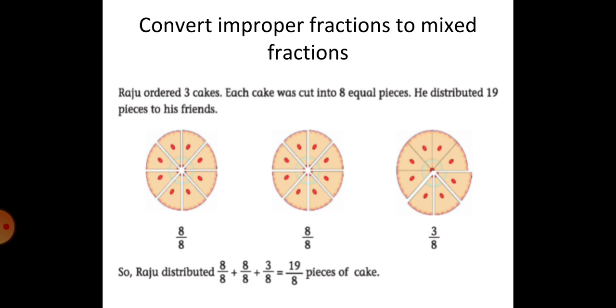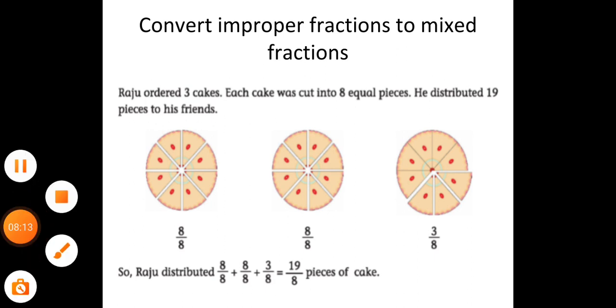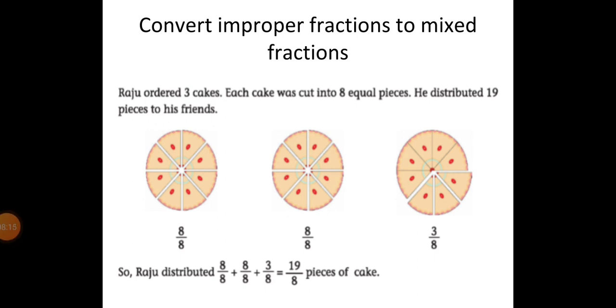In the next cake, all the 8 pieces he will distribute. Then, in the third cake, he will distribute 3 by 8. So altogether it is 19 pieces, right? So 19 pieces from 8.